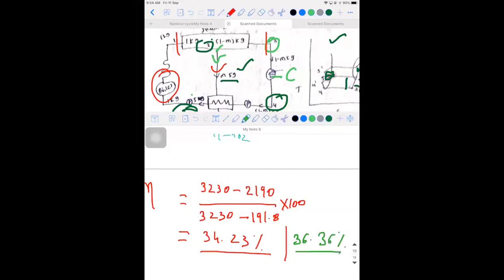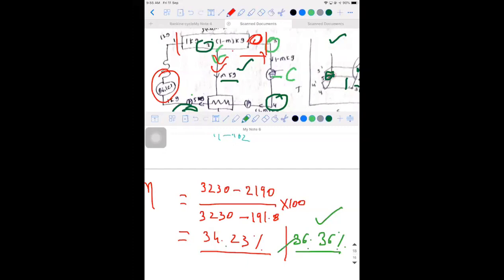Since you have drained out some of the steam without fully expanding from state 1 to state 2, the work produced is reduced, and thereby the specific steam consumption is increased. Those are disadvantages, but ultimately the efficiency of the regenerative cycle is 36.36, whereas with the normal Rankine cycle it is 34.23. This is the point you have to appreciate.